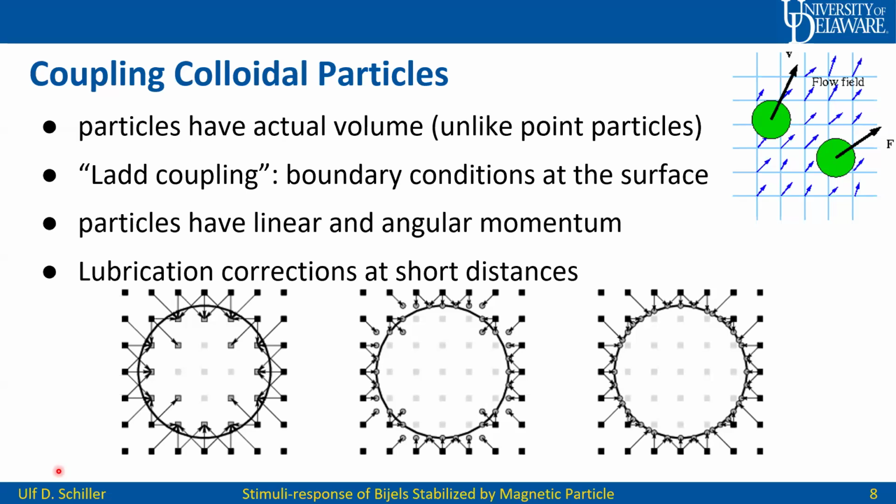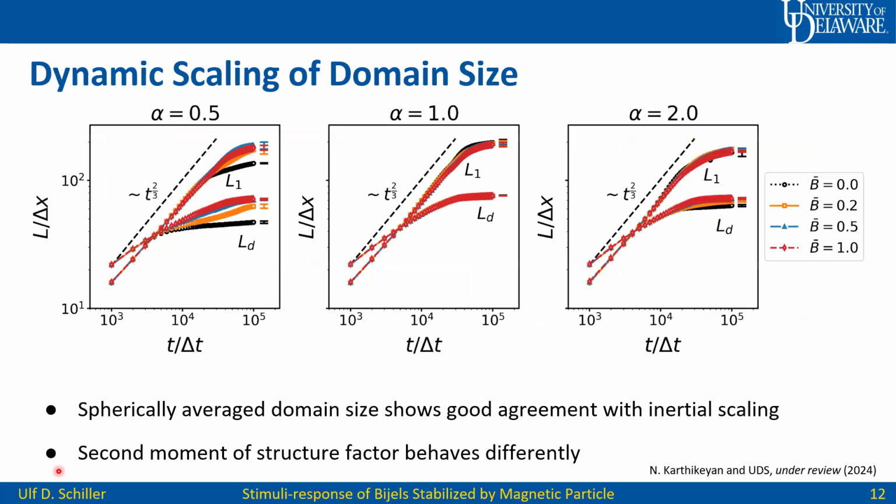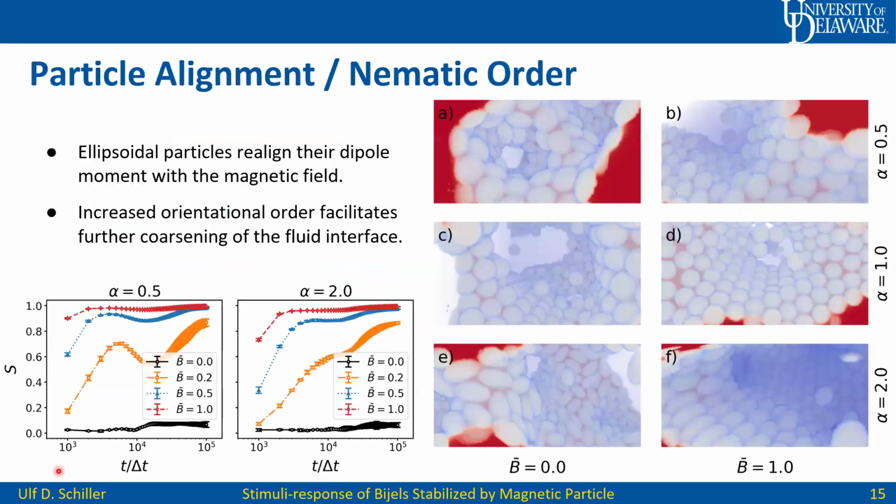Once the particles align, do they remain aligned? They remain mostly aligned, but as I've shown in the nematic order parameter, there is this intermediate regime where the nematic order decreases again.